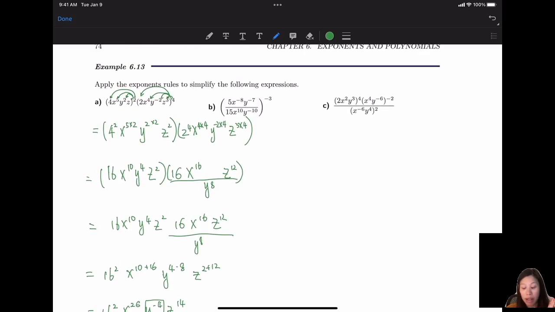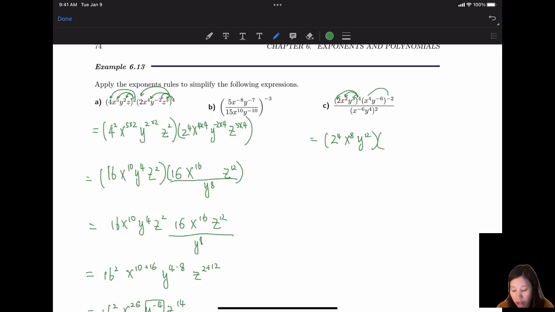Since I don't have space, I'm going to do C. Okay, so again, the first thing you will see is you try to put all the exponents inside the parentheses. So I have what? 2 to the 4th, x to the 2 times 4. Now we get 8. And then y is 3 times 4, 12.